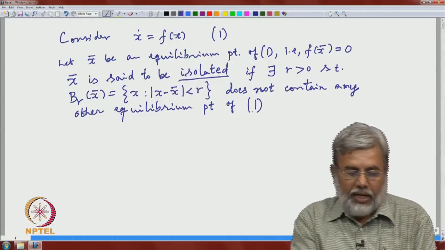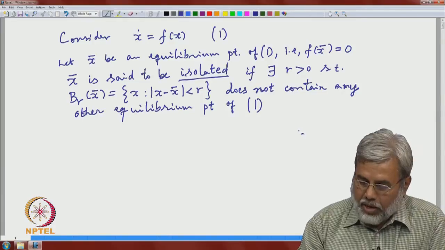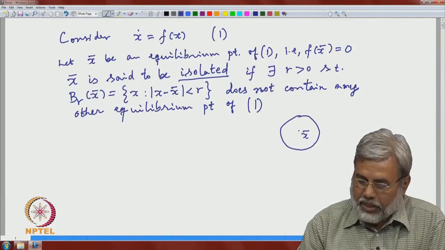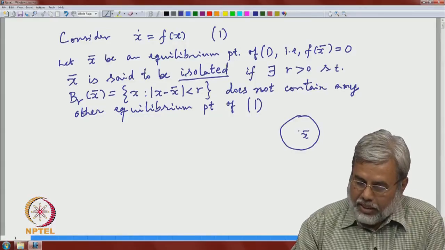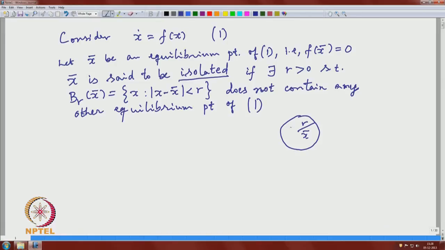Geometrically, I just want to draw that ball. So, this is x bar. In 2 dimensions you can imagine this is really a ball, and this interior should not contain any other equilibrium point of 1.